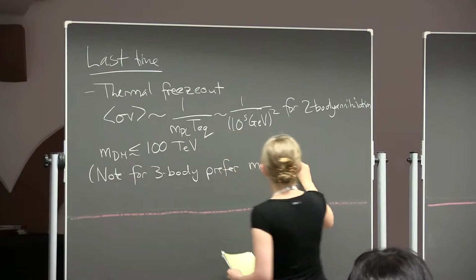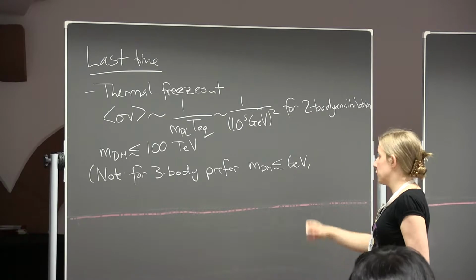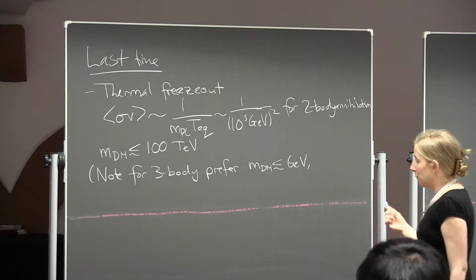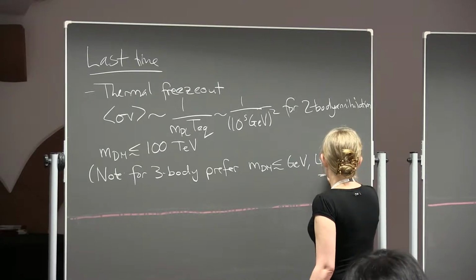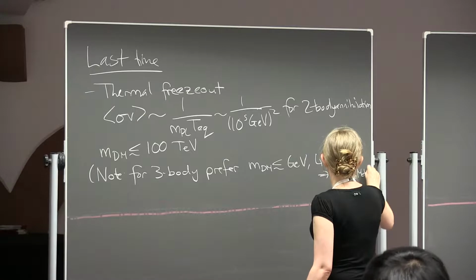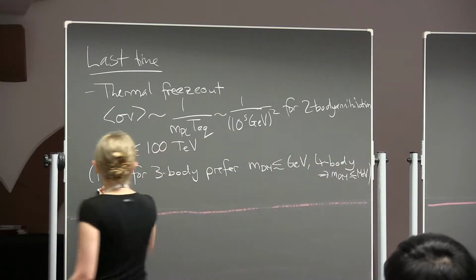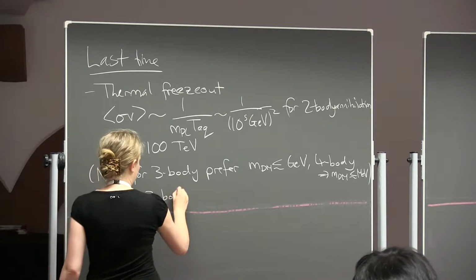If we were to have something where freeze-out was dominated by three-body or four-body annihilation, we'd prefer a smaller mass scale, below about the GeV scale for three-body, and below about the MeV scale for four-body.